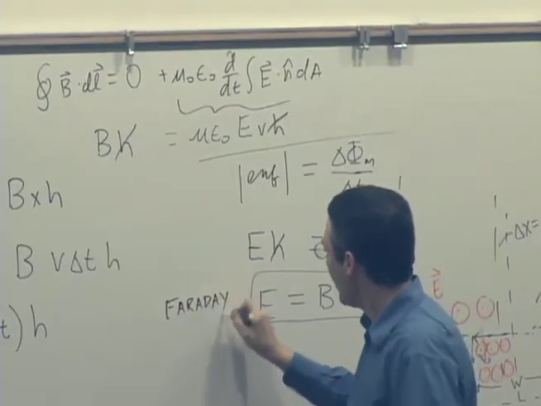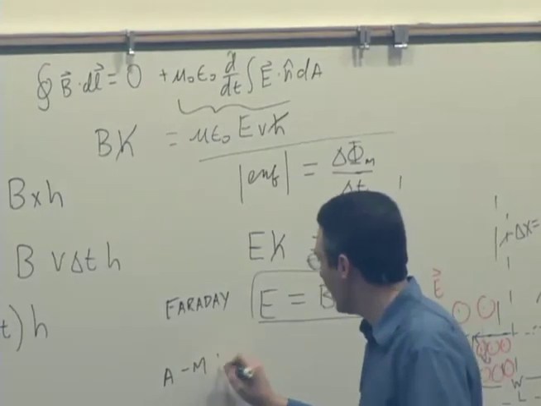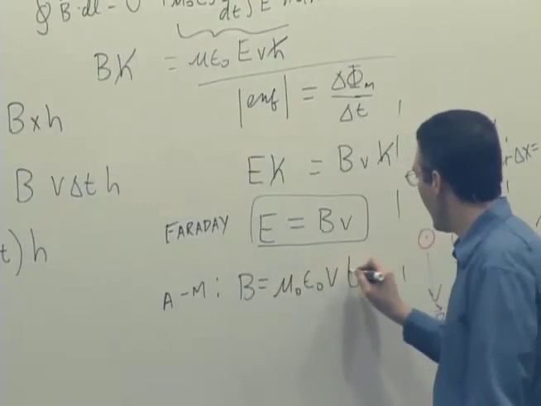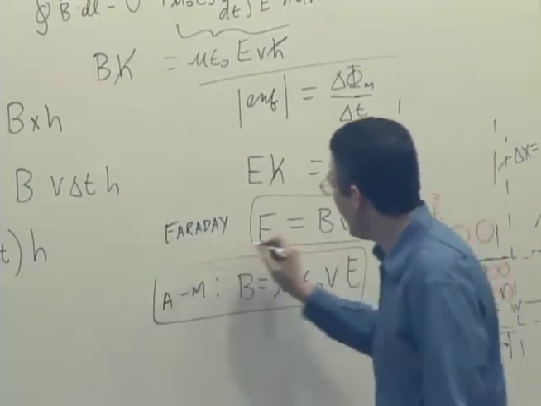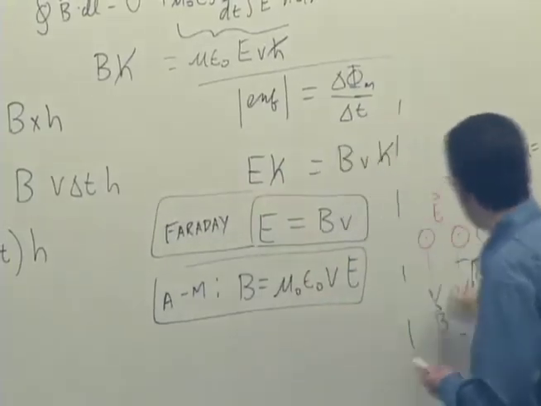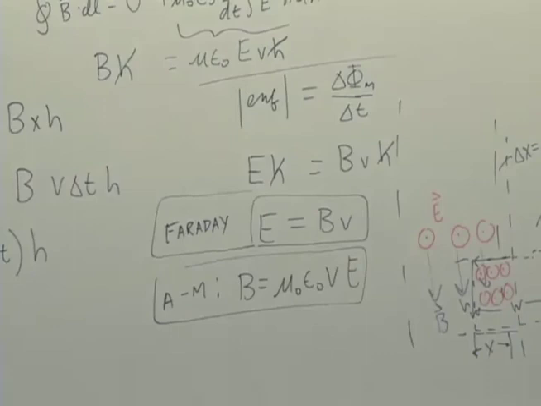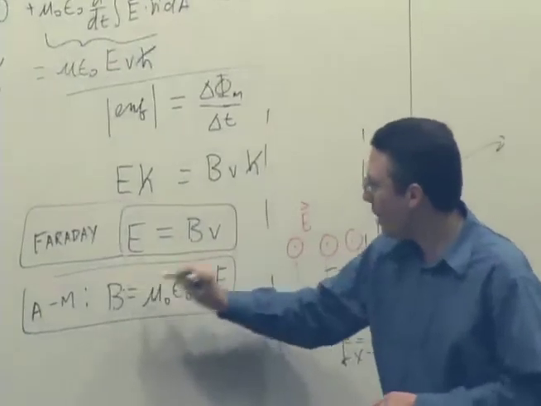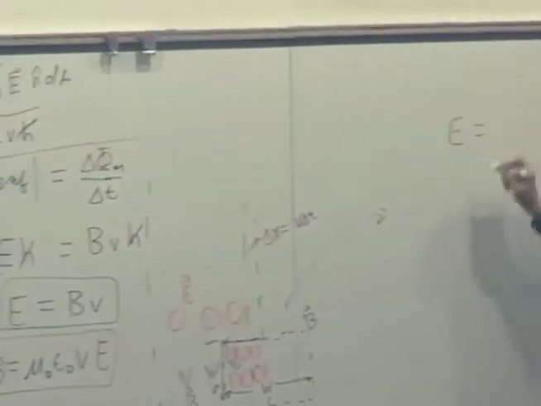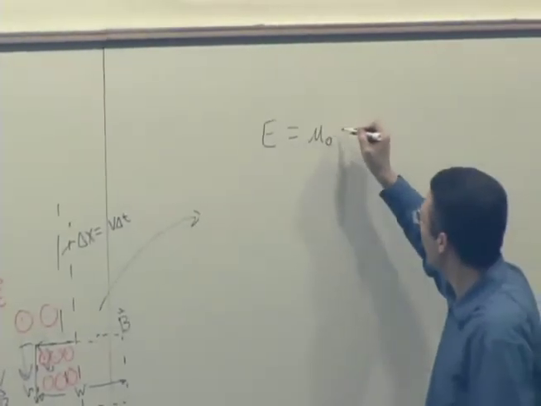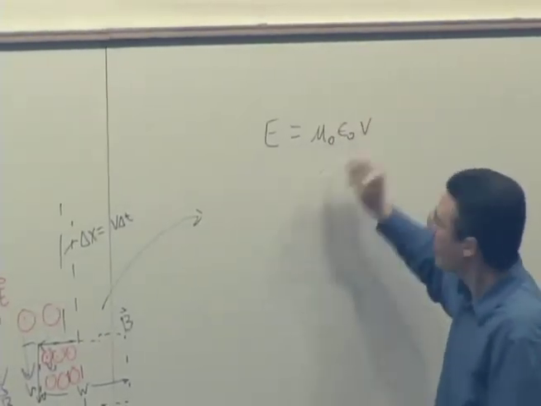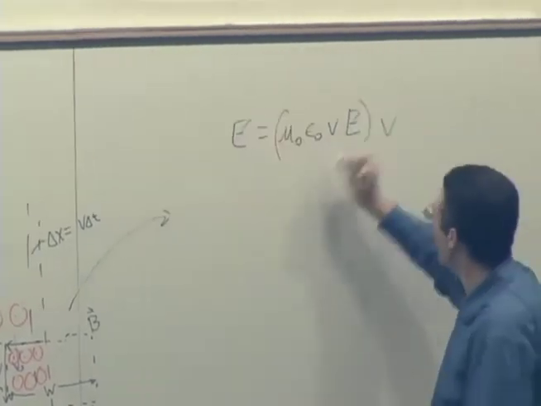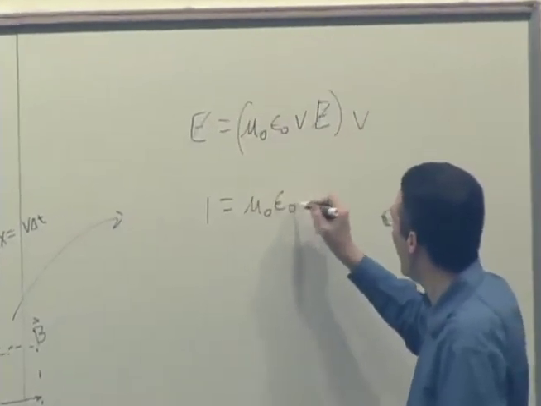Applying the Ampere-Maxwell law, I get B is equal to mu naught epsilon naught V times E. Let me look at these two equations and see if I can cancel some things out and solve for this V. Let me plug this equation into this one, and so I have E equal to mu naught epsilon naught V E times another factor of V, and then the electric field will cancel out, and I get 1 is equal to mu naught epsilon naught V squared.